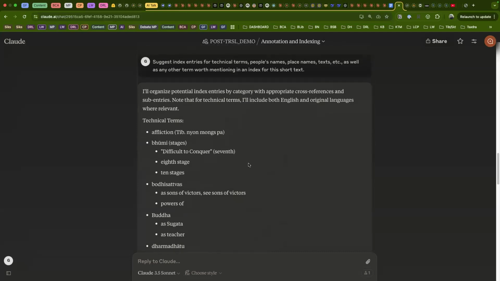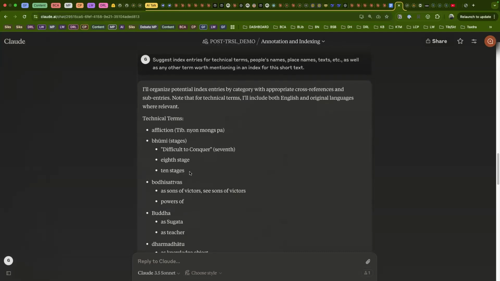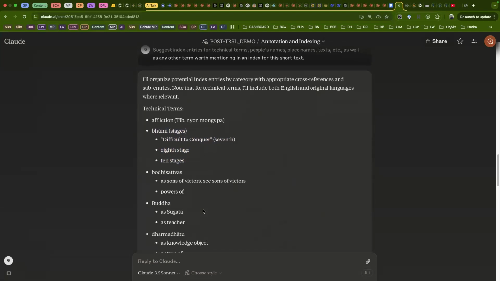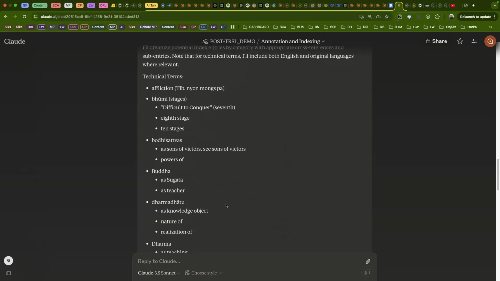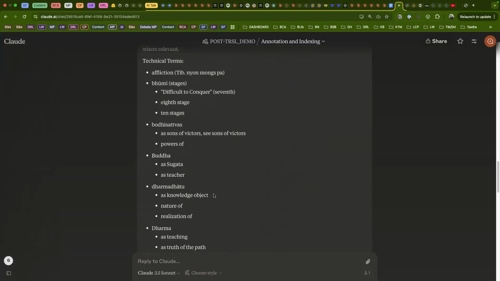Basic, very basic task, basic prompt, quick. And the interesting thing is that you can have main entries and sub entries too about something. So the tool understands concepts, and the fact that Claude has been trained on clearly Tibetan Buddhist texts and translations and research shows that, yeah, look, Dharmadhatu as a knowledge object, nature of, realization of, it's quite good.